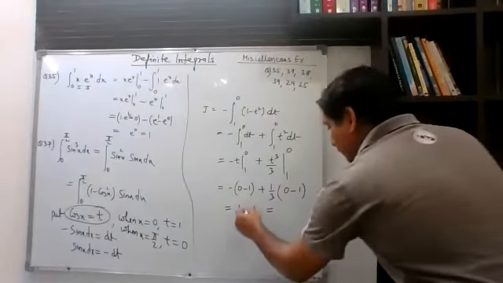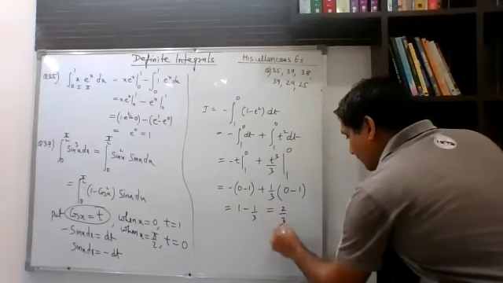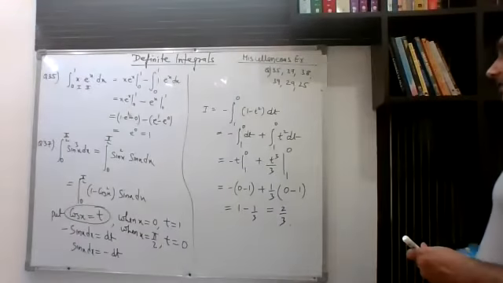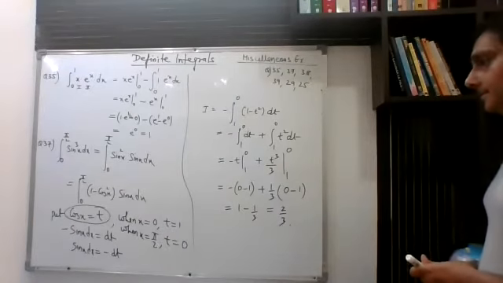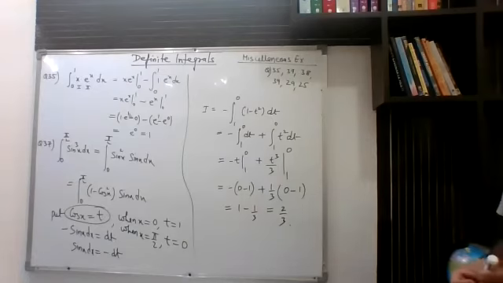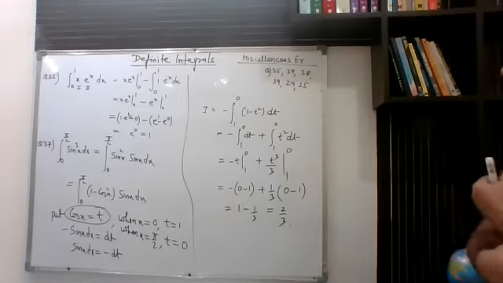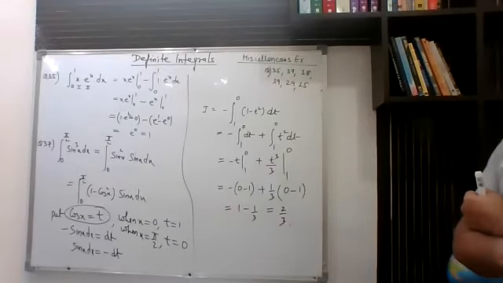Okay, it is minus over here. So when you do the calculation, this will become 2 by 3. And this is what we wanted. So this is the complete solution for question number 37. Next we are going to start with question number 38 from the miscellaneous exercise.